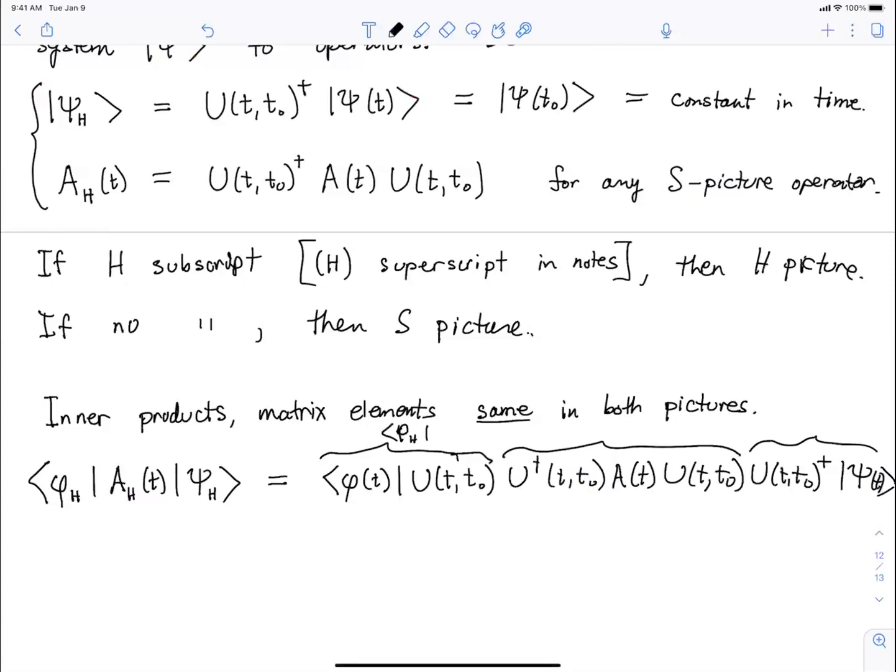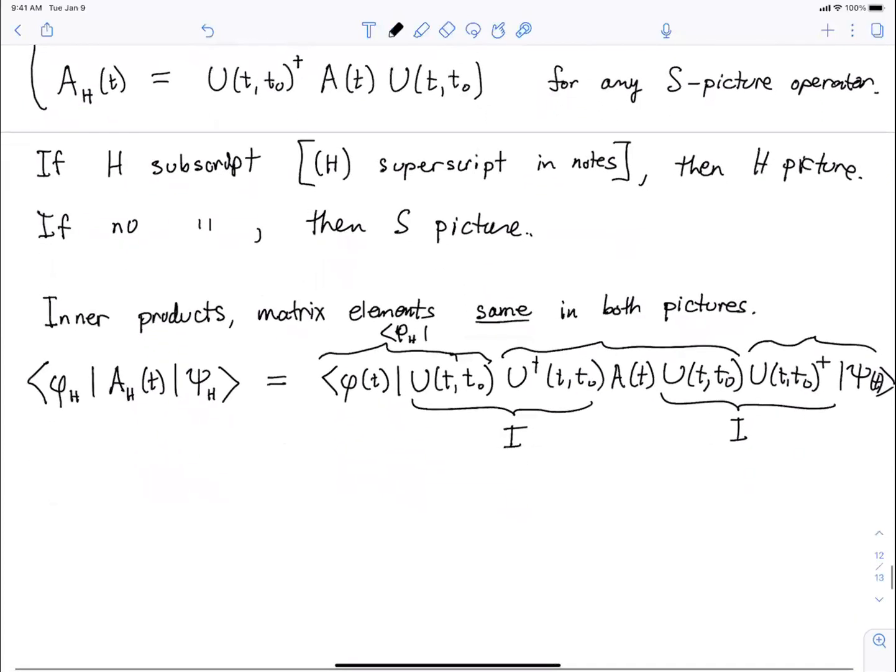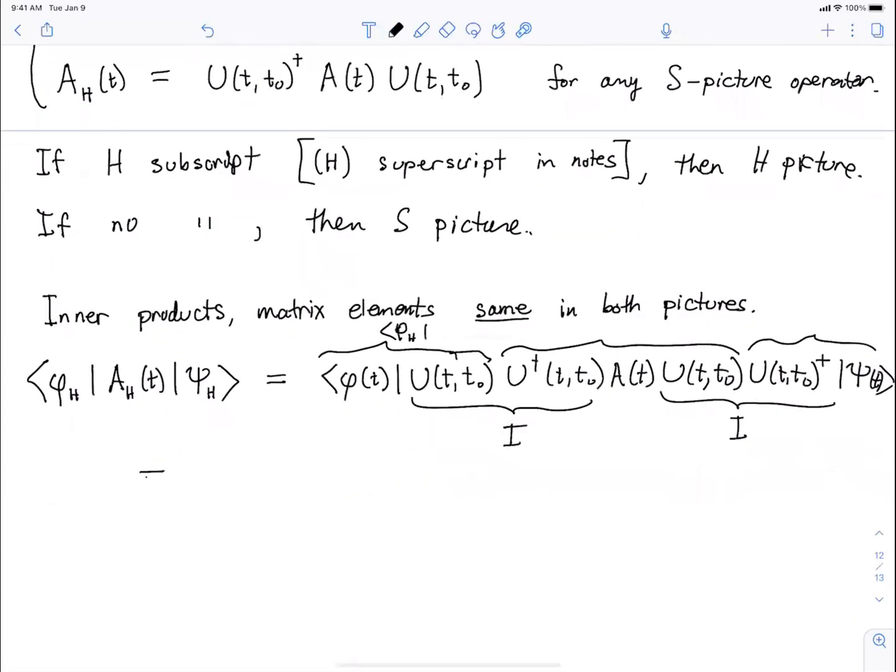Okay, so that's the original input, but then I remember, aha, U U dagger is the identity operator, and U U dagger here is also the identity operator. That's where unitarity comes in and is very important. And so this is phi of t, A of t, psi of t. And that's it.